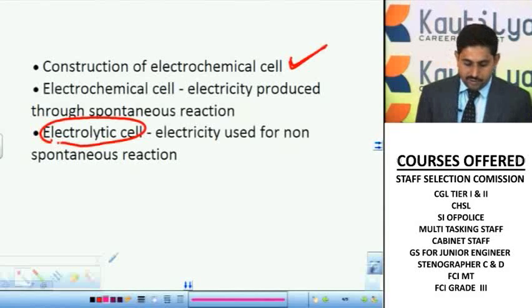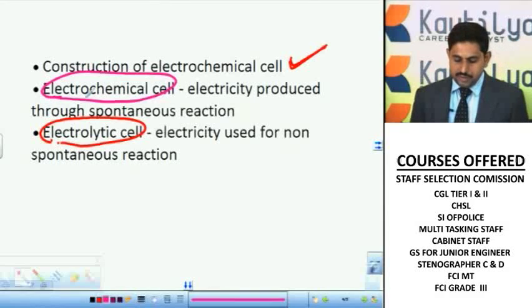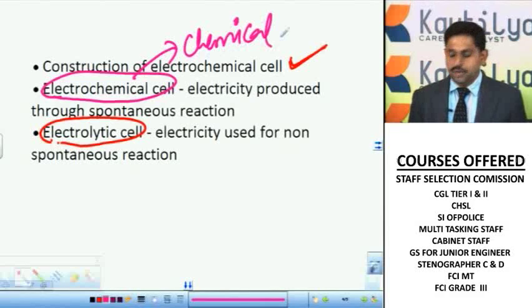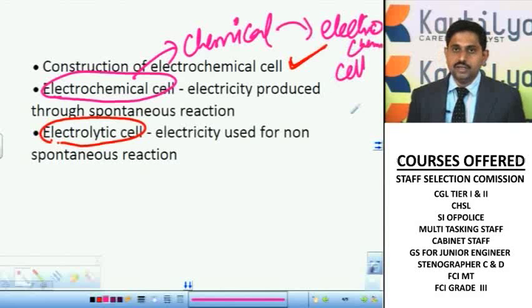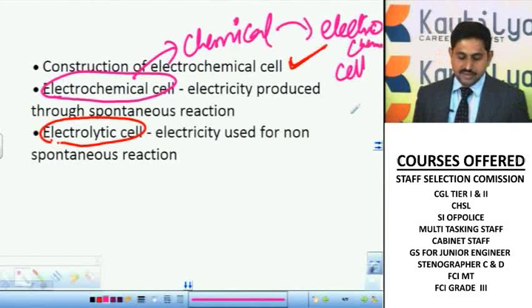Coming to electrochemical cells, we are utilizing some chemicals for the production of electricity, so we can consider it an electrochemical cell. For example, the Daniel cell or voltaic cell. All these are considered electrochemical cells.